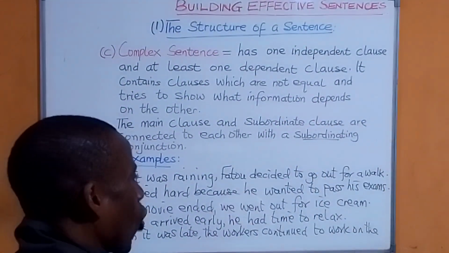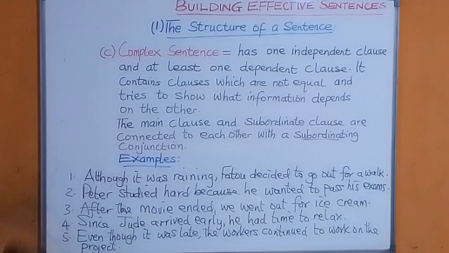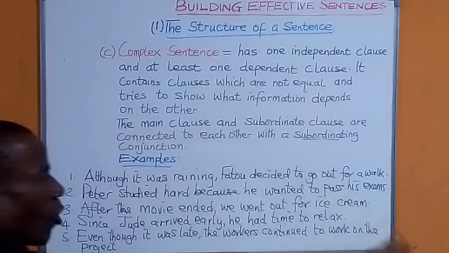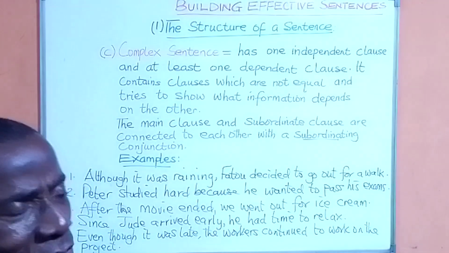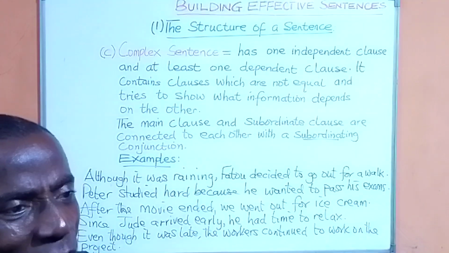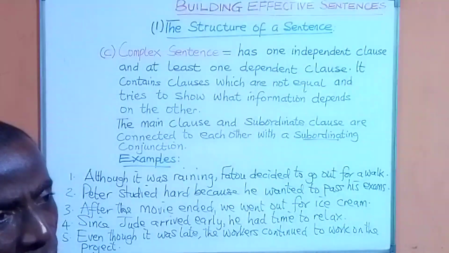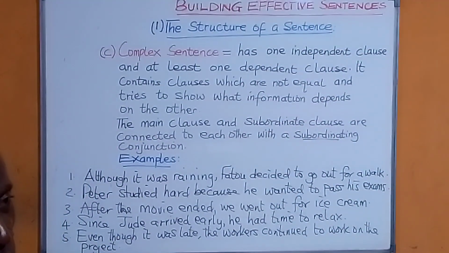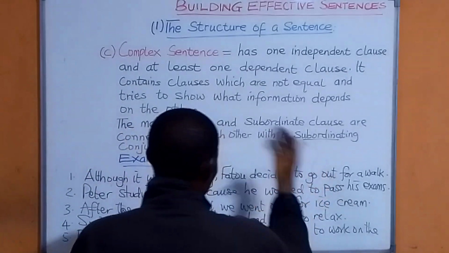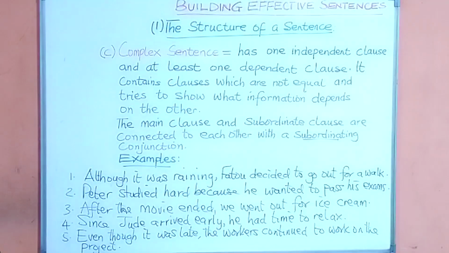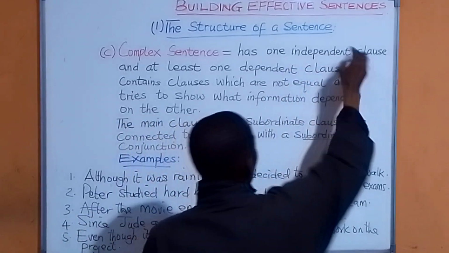You have the second clause existing because of the first clause. If the first clause does not come, the second clause will not be there. The second clause cannot come if not the first clause. That's why it is dependent.